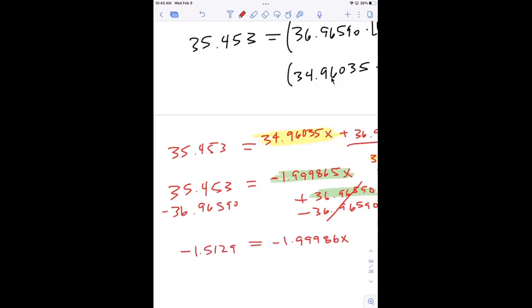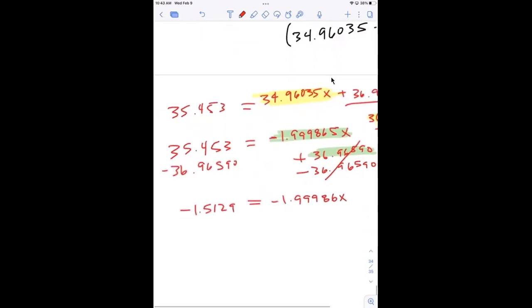Okay, so negative 1.5129. Perfect. So both numbers are negative, so we can actually just drop the negative signs on both sides, and it'll be 1.5129 equals 1.99986x. Are we okay with that? So now we need to solve for x. Just divide both sides by this number.